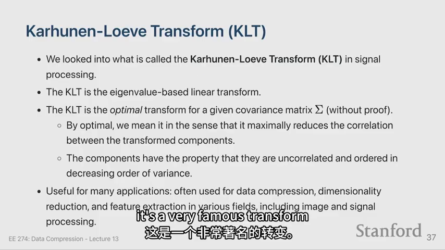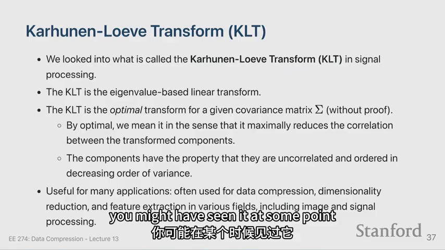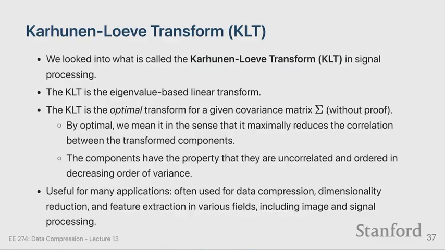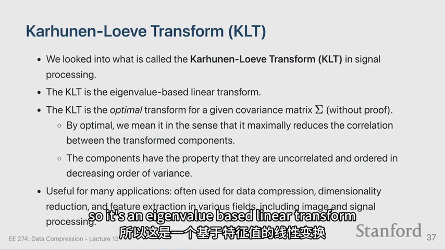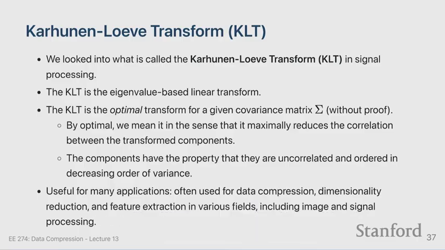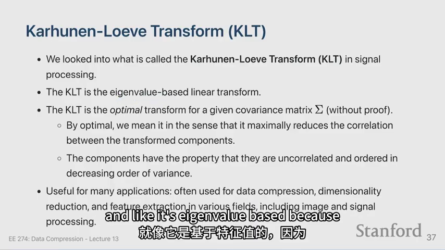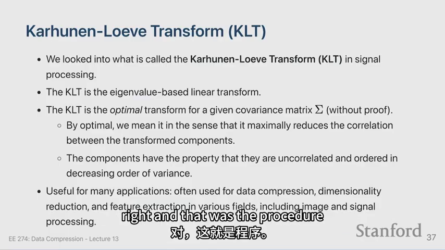It's a very famous transform in signal processing. If you have done signal processing, you might have seen it at some point. It's exactly the steps which we did. So it's an eigenvalue based linear transform. It was linear because we were just multiplying by a matrix, and it's eigenvalue based because we computed the eigenvalues and eigenvectors. That was the procedure.